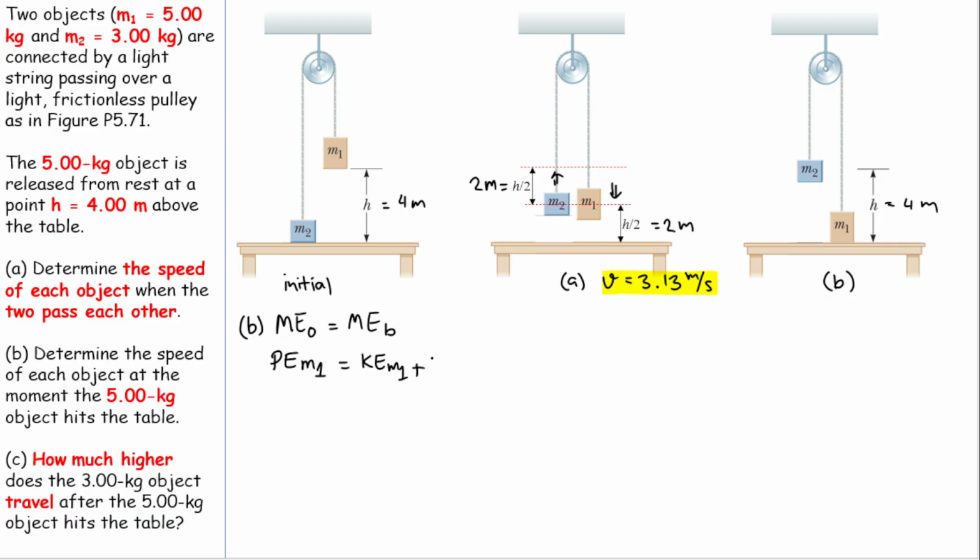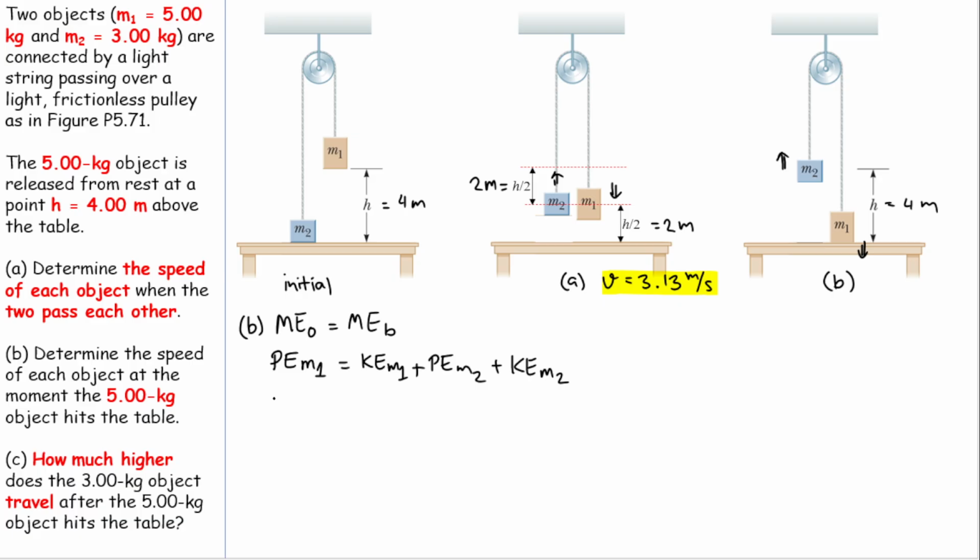So I will have potential energy of M2. And then plus, we also have kinetic energy of M2, right? Because it is still moving up, and this is moving down, almost hitting the table just before it. So I will have kinetic energy of M2.